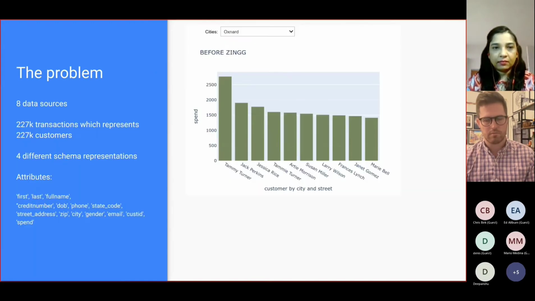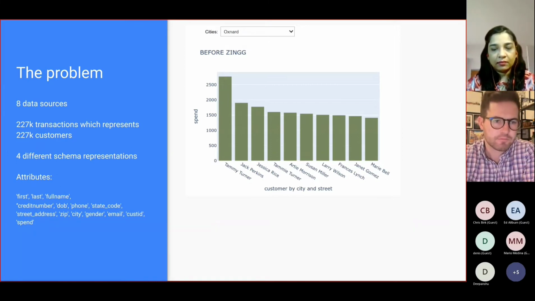So basically here, I'm going to show you what I've been dealing with using Zingg. I had 8 data sources. They represent something around 227,000 transactions. In each transaction, there is a spend amount and also a name and an address for the customer.